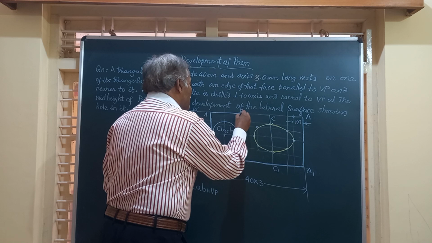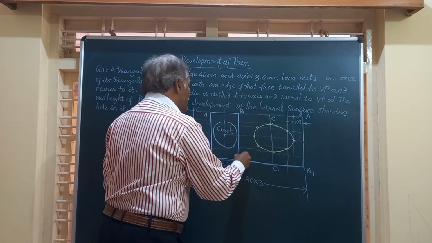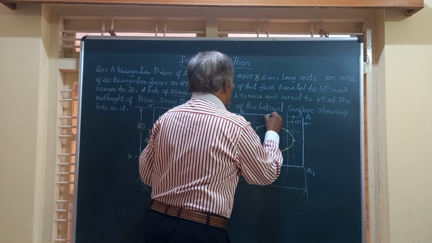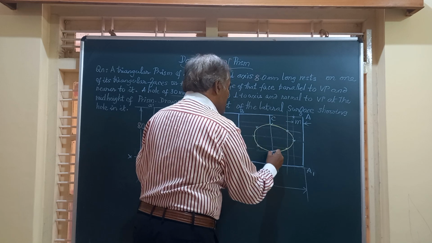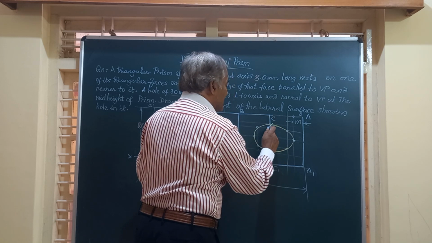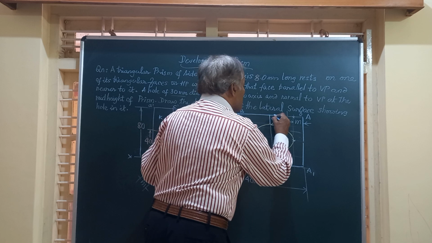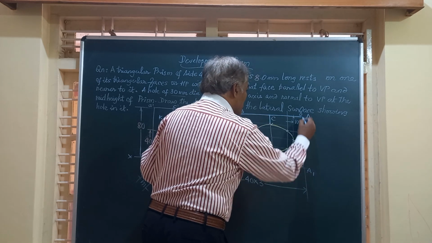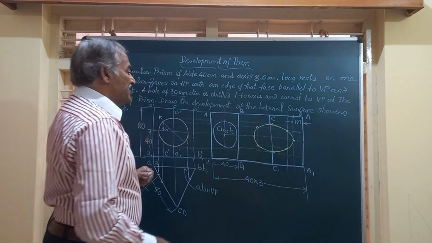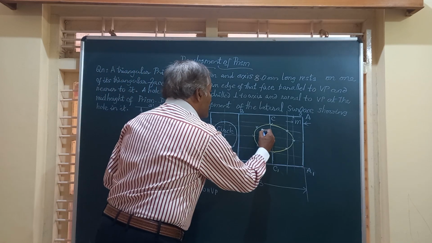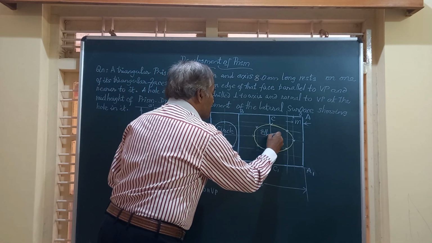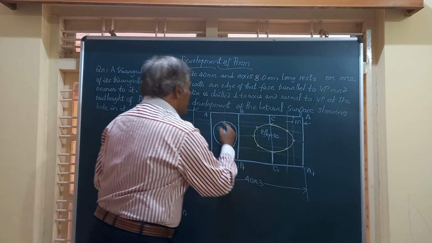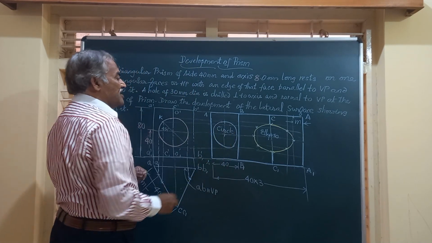So friends, let me complete the complete development of the prism with the hole, and you will have to mark it dark here. This will be thin line, a dark line here and a dark line. Friends, this figure is going to be an ellipse, and this is going to be a circle.